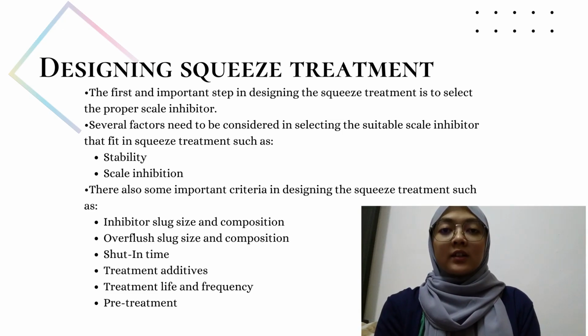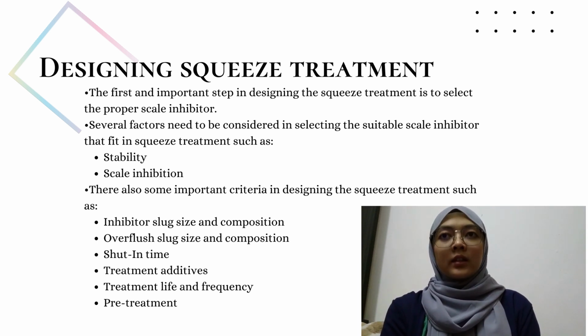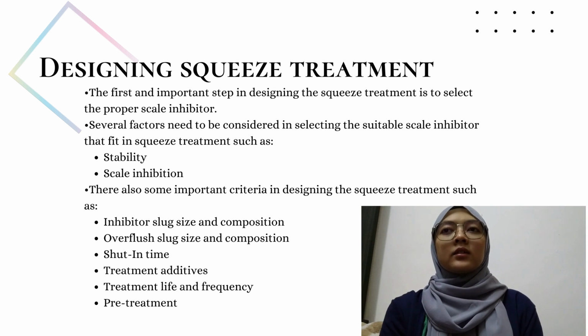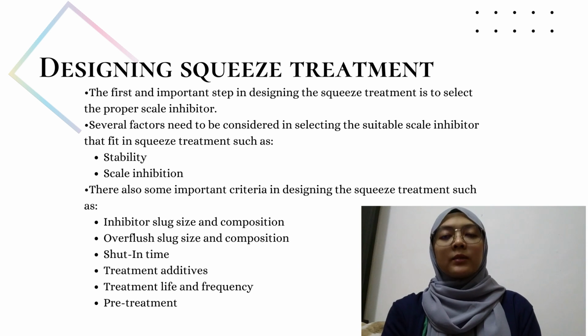My name is Nafadiha and I will continue with how to design the squeeze treatment. The first and most important step in designing the squeeze treatment is selecting the proper scale inhibitor. Several factors need to be considered in selecting a suitable scale inhibitor that fits our squeeze treatment: first stability, and second scale inhibition.